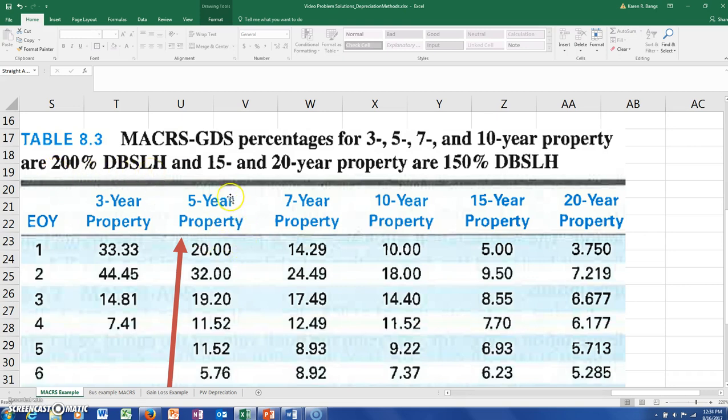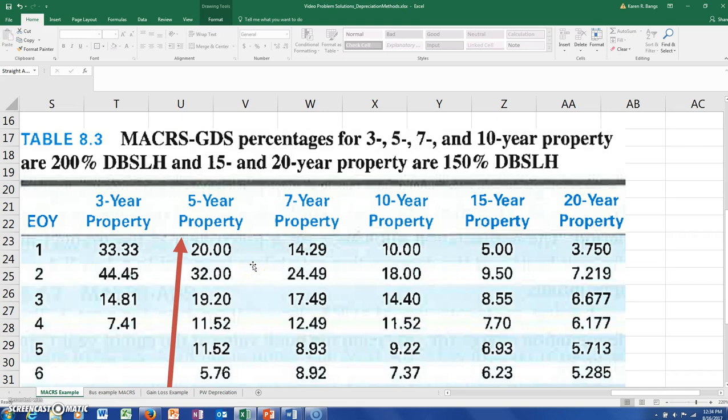And we can see this because for a 5-year property, the double declining rate would be 2 divided by the number of years that we're going to depreciate it over. That would give us our rate. That's 40%. 40% divided by 2 is 20%, so we're taking half of that double declining balance rate in year 1. And that would be the same if you did that calculation for 7-year, for 3-year, etc.